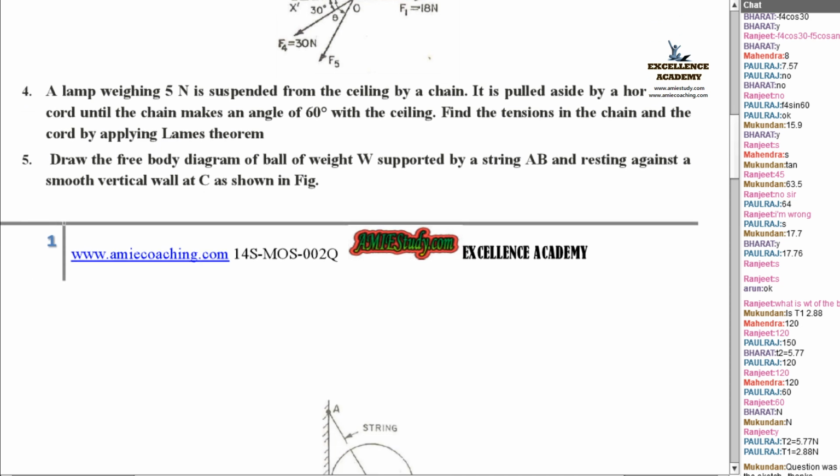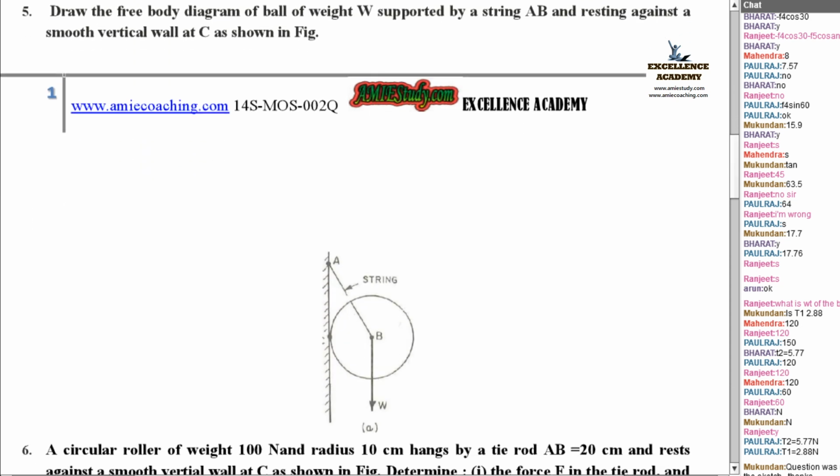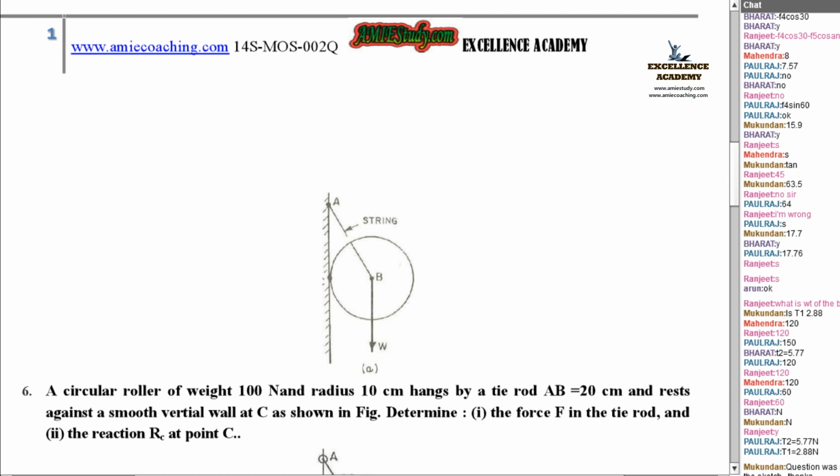Let us see the figure. You are supposed to draw a free body diagram. So all of you please try to draw the free body diagram on a piece of paper. Free body diagram we know: the walls or the floor on which the body is resting, we will remove, and after that we will represent the body by means of various forces acting on it.